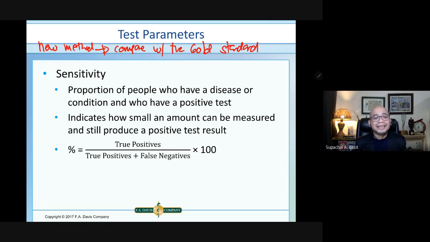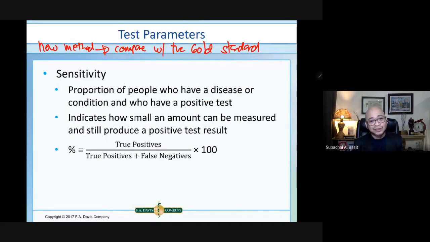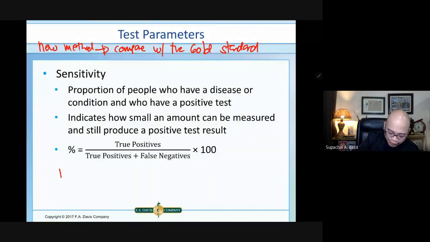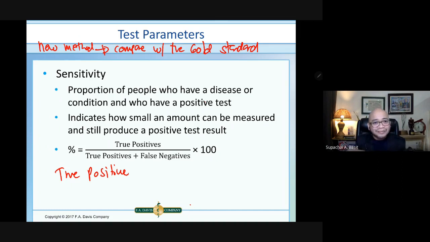Okay? So that's what we meant by sensitivity. No matter how small the amount can be, it can still be measured and it can still produce a positive test result. Meaning to say, you're able to get a true positive result.